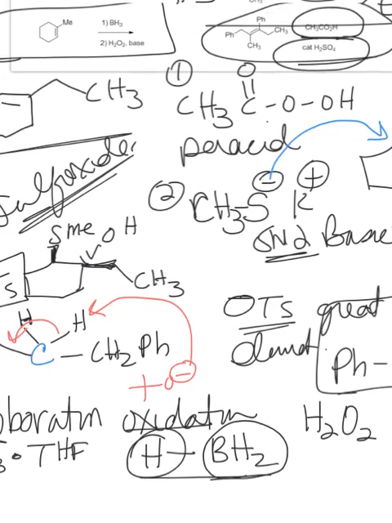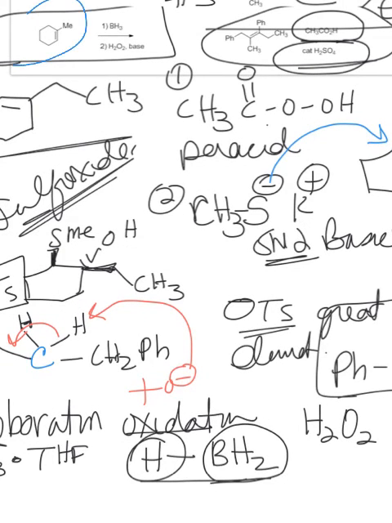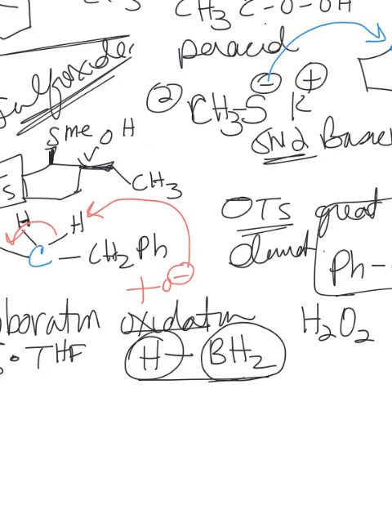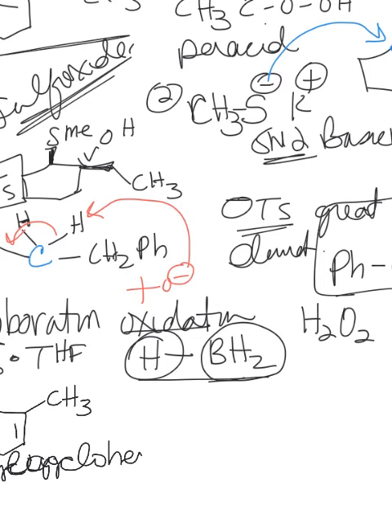So when we look at our substrate here, we have an alkene. We need an alkene, so let's redraw the alkene. And this is, let's write the name here, 1-methylcyclohexene. Okay, so 1-methylcyclohexene.